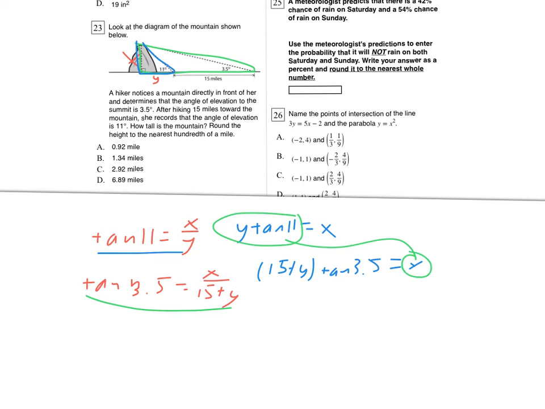So I'm going to do tan 11, and I'm going to call this 0.1944y equals, and then tan of 3.5, I'm going to call this one 0.0612y, and then if I multiply that by 15, it's going to give me 0.9174. Okay, so now I'm going to get all my y's to one side, so I'm going to subtract 0.0612y from each side.